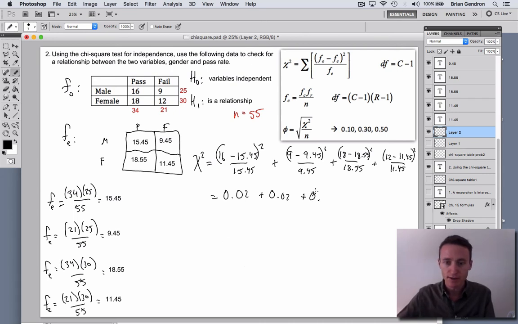I'm seeing a trend as well. We got another 0.02. I'm always rounding to the second decimal point for consistency's sake. I guess the rounding brought this one to 0.03.